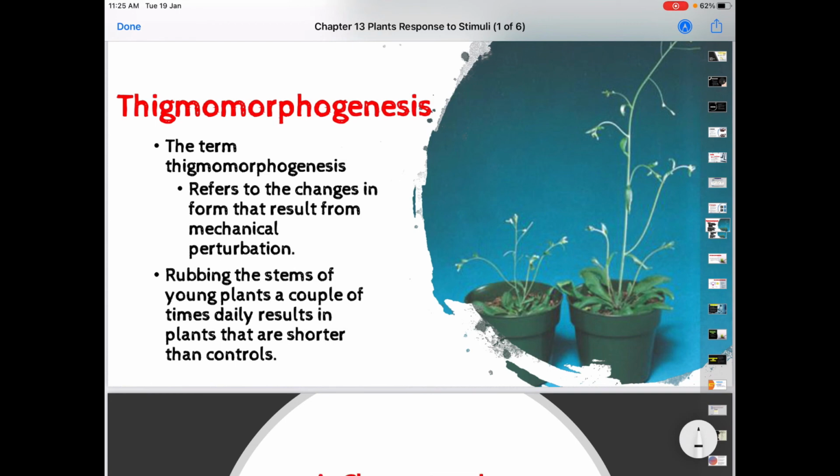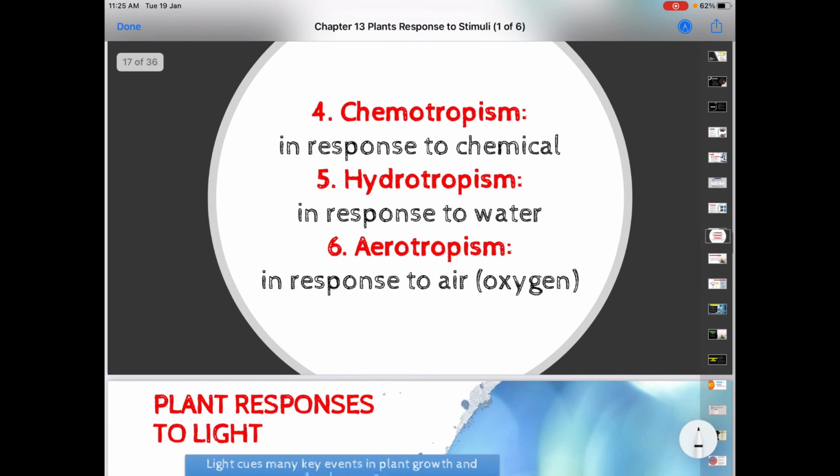So when we rub the stem, it can cause the plant to become shorter; the development is retarded. That is the effect of the thigmo, and later it results in morphogenesis. Morphogenesis is from the word morphology. Morphology means the physical appearance.